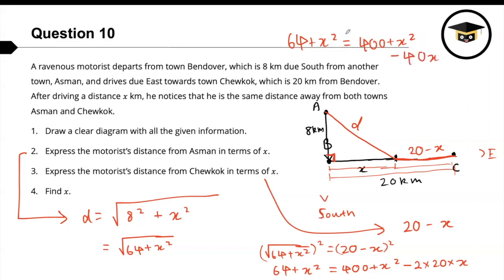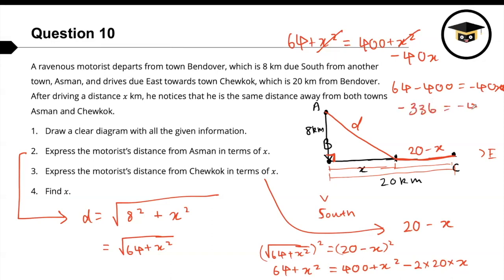Now, what do we do from here? Well, we cancel out the X squared and cancel out the X squared. We move the 400 to the other side. So 64 minus 400 is equal to minus 40X. 64 minus 400 is equal to negative 336.